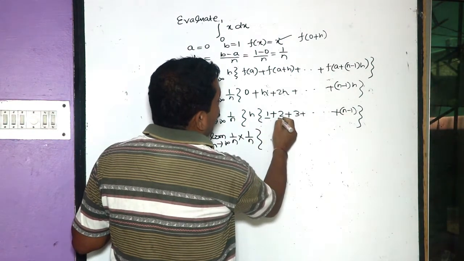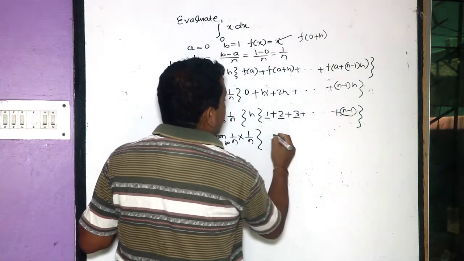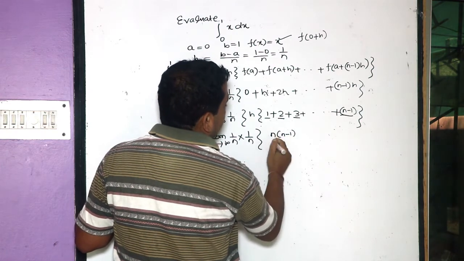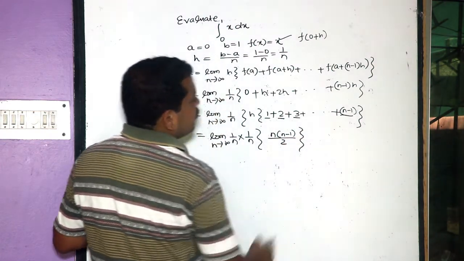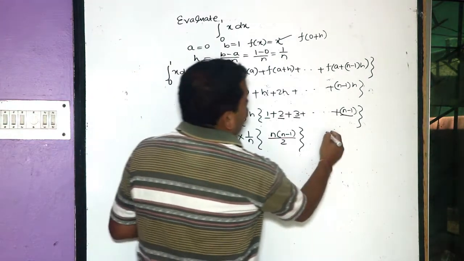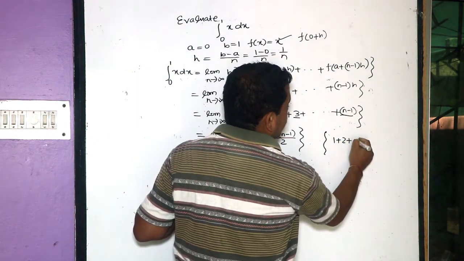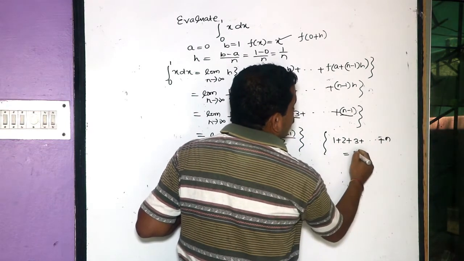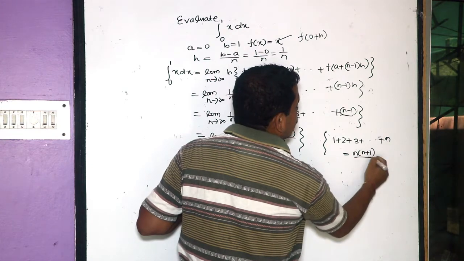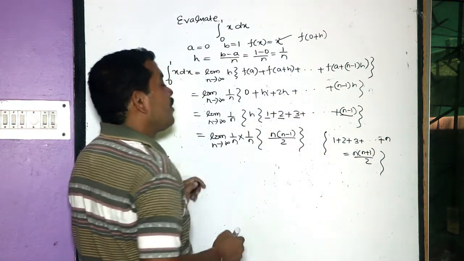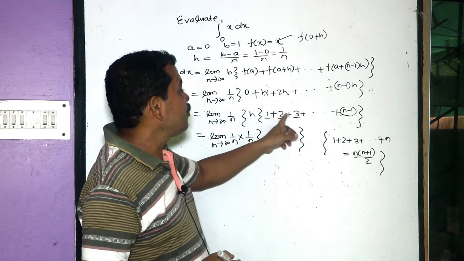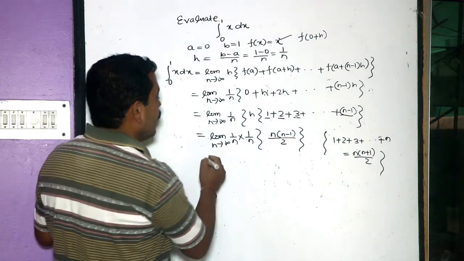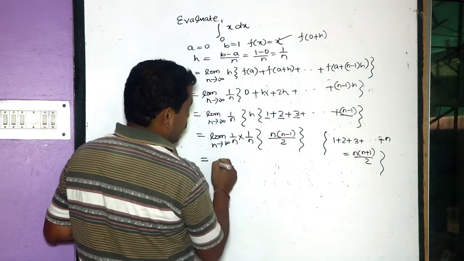The formula for 1 plus 2 plus 3 plus up to n is n into (n plus 1) by 2. By using this formula, 1 plus 2 plus 3 up to n minus 1 is n into (n minus 1) by 2. We have to evaluate this.